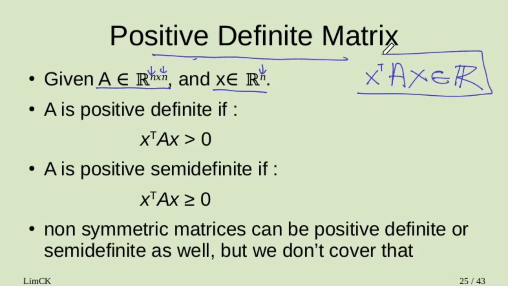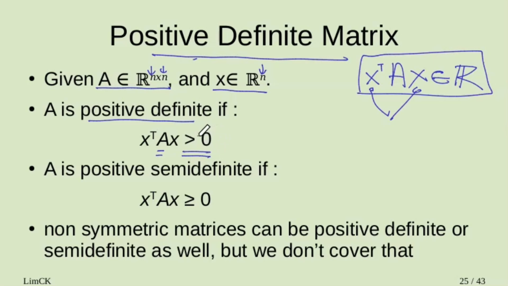So no matter what x we use here, if this always produces a real number which is greater than 0, we call this matrix a positive definite matrix. It means we can change the x, we can use whatever x we want, but as long as it always produces a scalar greater than 0, we call it a positive definite matrix.